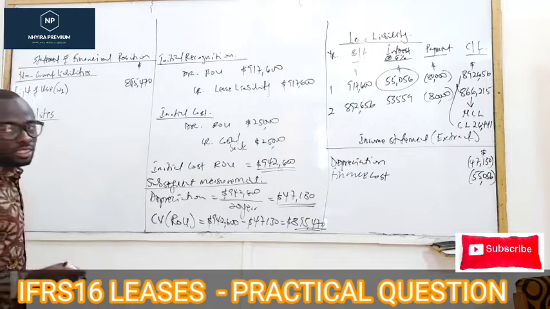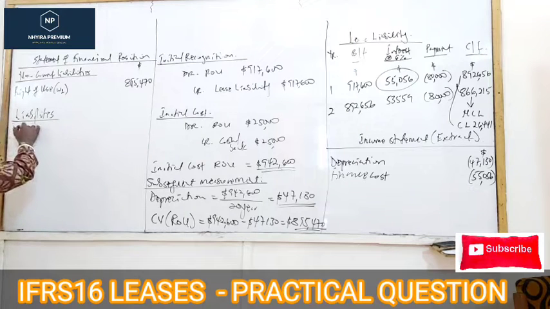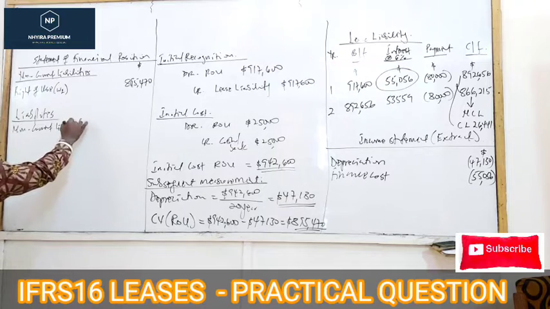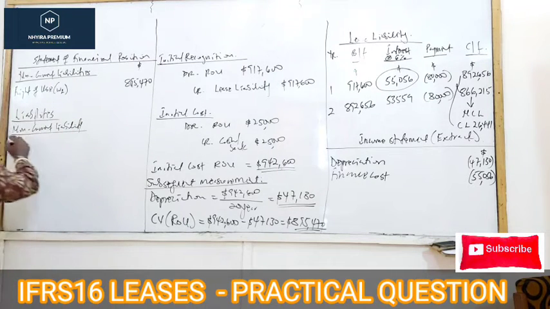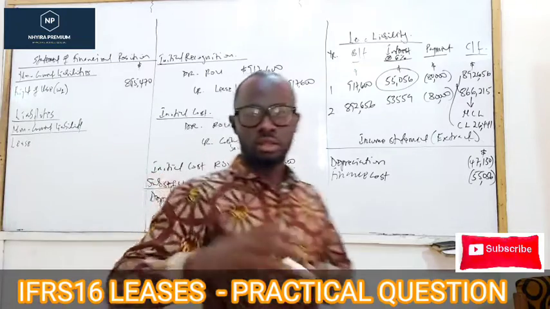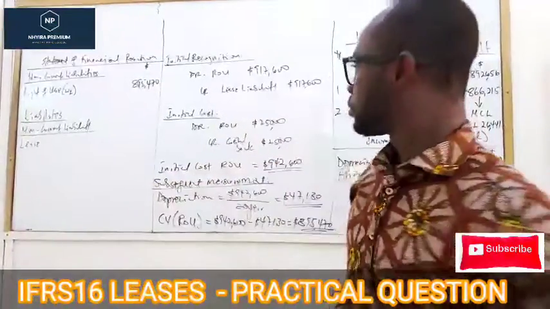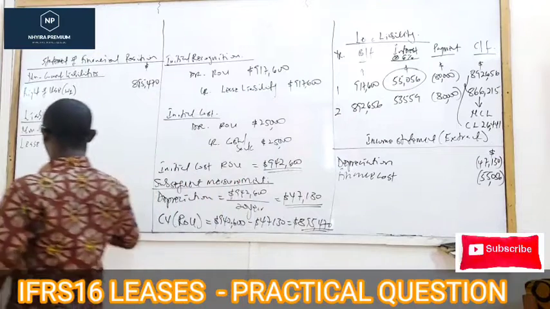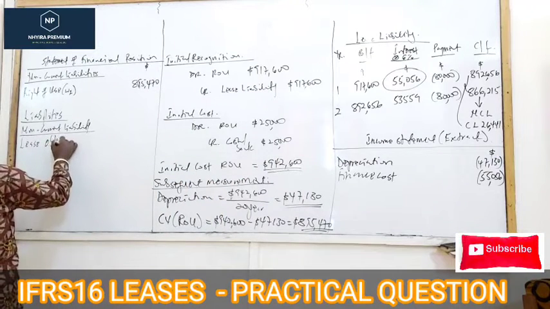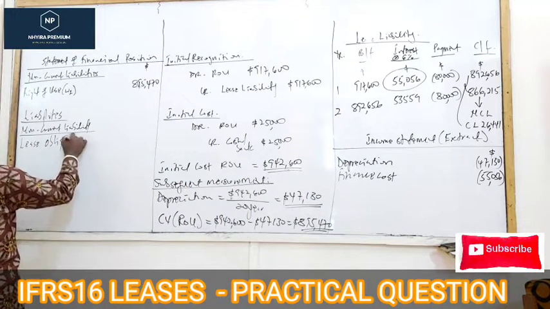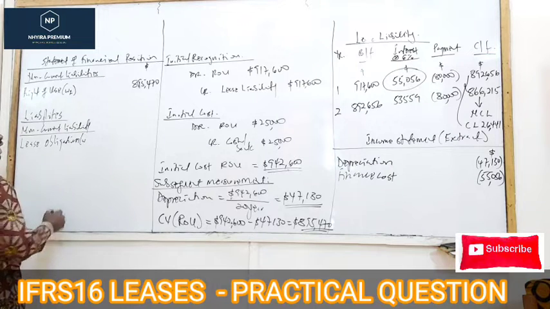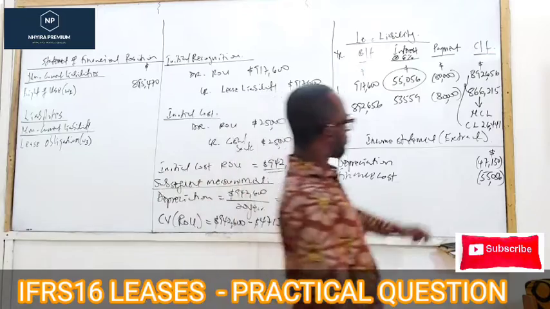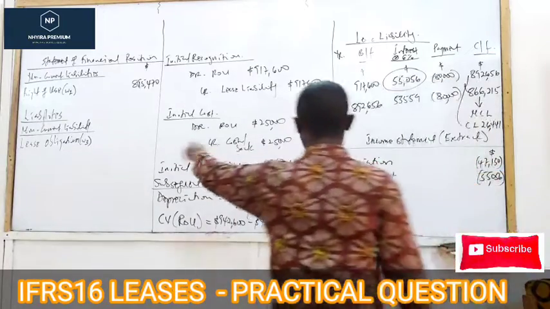And under liabilities, what do we bring? Non-current liabilities. And the non-current liability we bring, so the lease obligation, that should be workings, probably 3, will be a basic non-current, right?